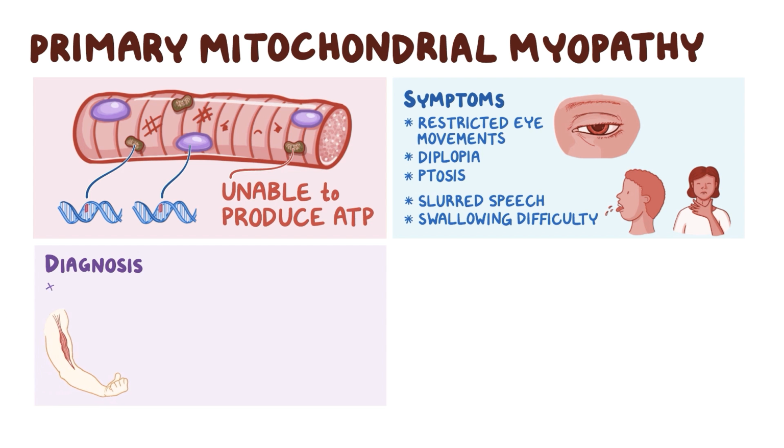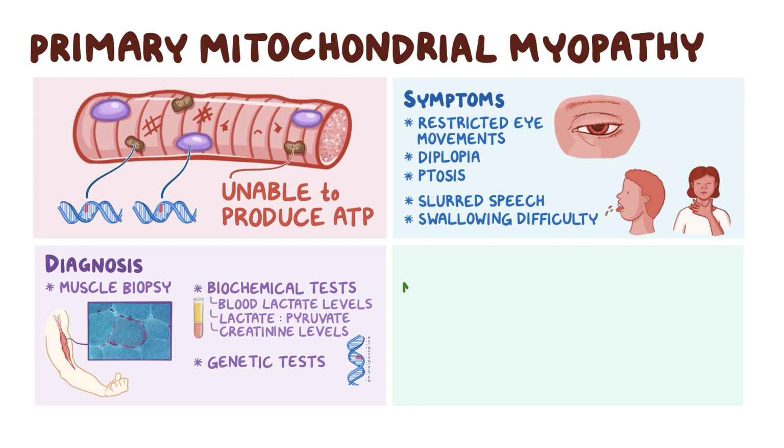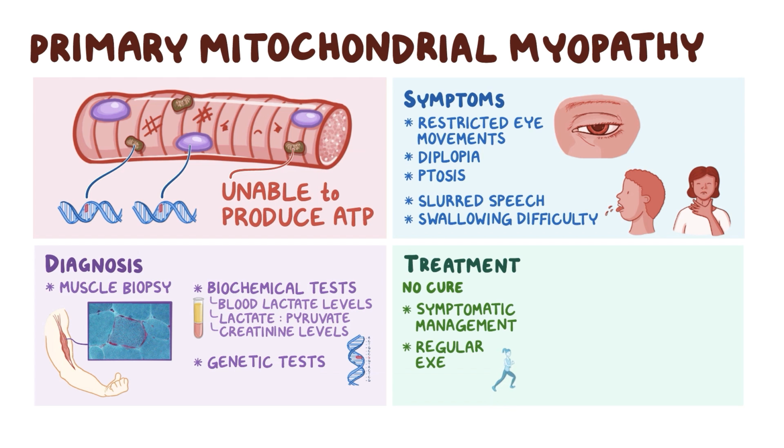Diagnosis is made with the help of a muscle biopsy, biochemical tests for blood lactate levels, lactate to pyruvate ratio, and creatinine levels, and genetic tests to detect mutations in the DNA. While there's currently no cure, treatment includes symptomatic management, regular exercise, and mitochondrial cocktail supplements.